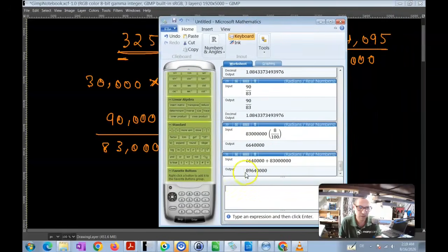And the difference that I get over here is because the number that I used here in order to write out these expressions was a decimal number, and in this decimal number you can see that it's 1.08433734939 76, and these numbers keep going infinitely, because it's an irrational number.